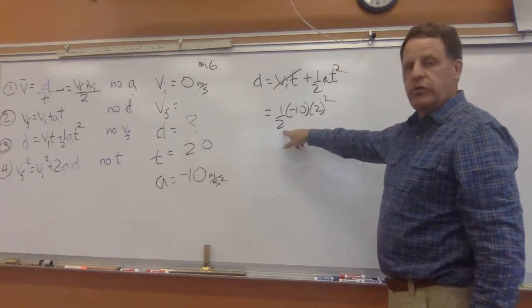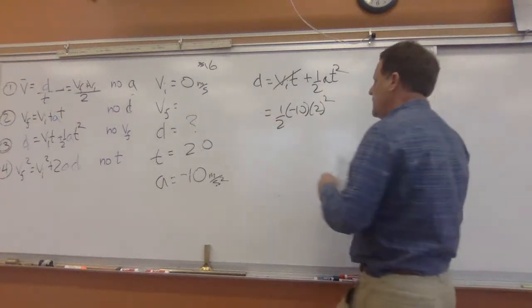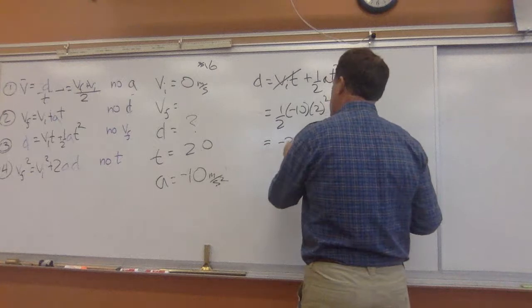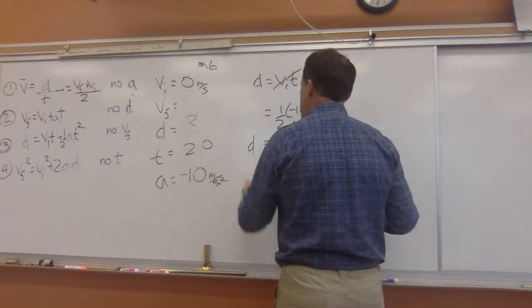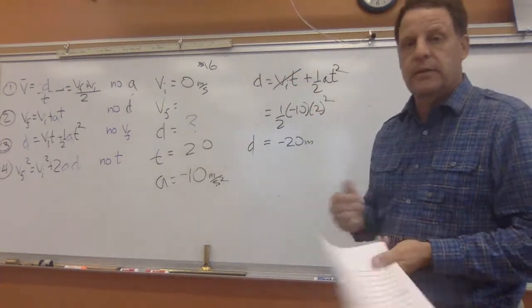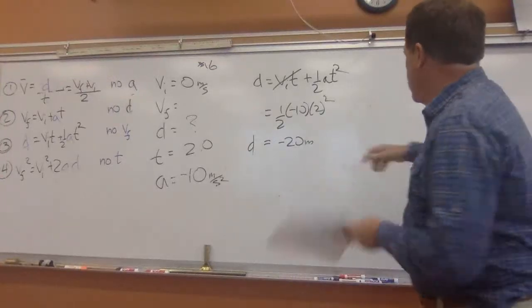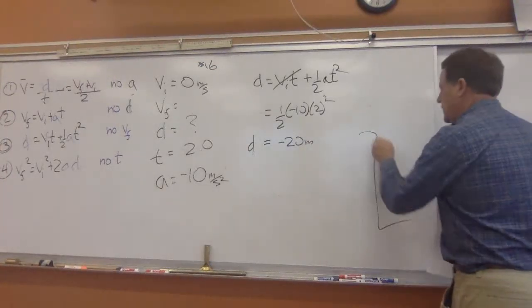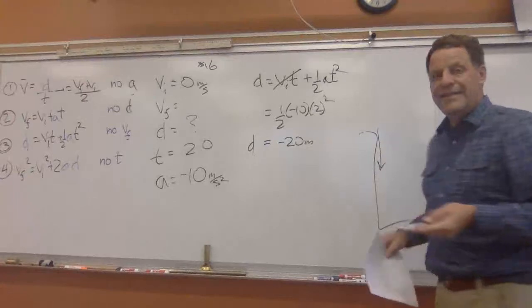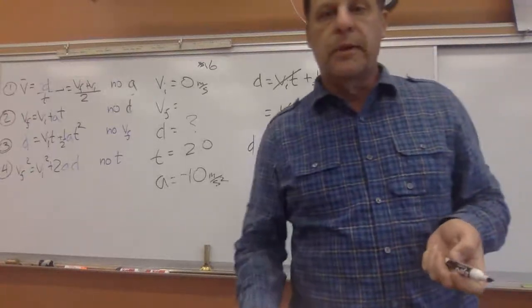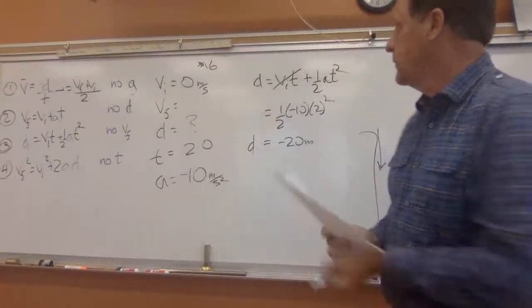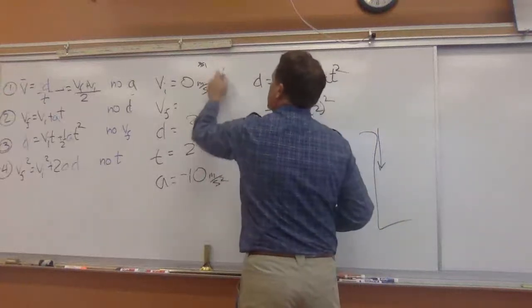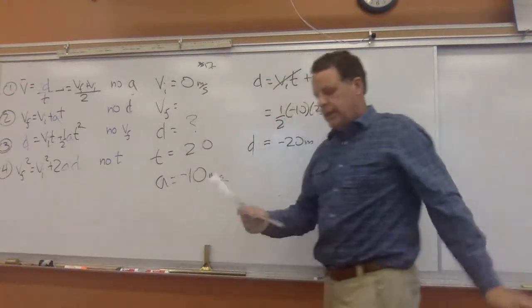So 2 squared is 4, divided by 2 is 2, times -10 is equal to -20 meters is going to be our displacement. That makes sense because it is going in the downward direction. So that's why our displacement is negative. Okay. All right. That was problem 17.